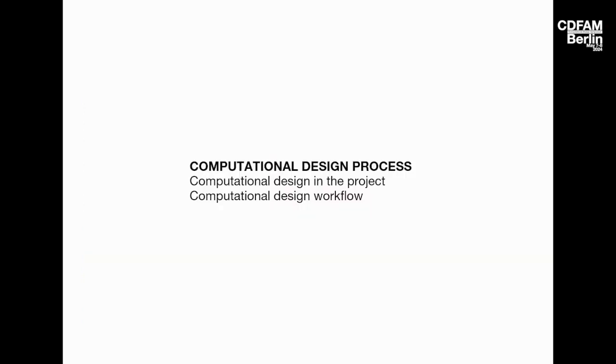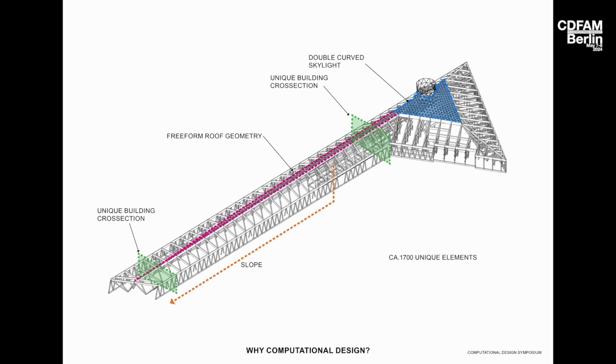Now I will go into the computational design processes in the project. By looking at the geometry, to understand why we are using computational design within the project, I can point out a few characteristics.